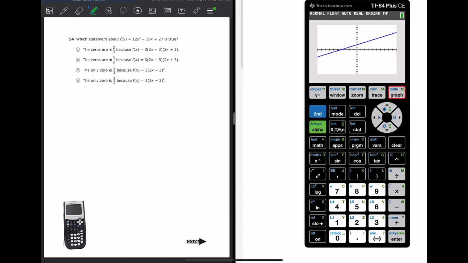On this one, you're going to go to y equals. You're going to enter y1, what's given. And on y2, you're going to put in the answer choices.